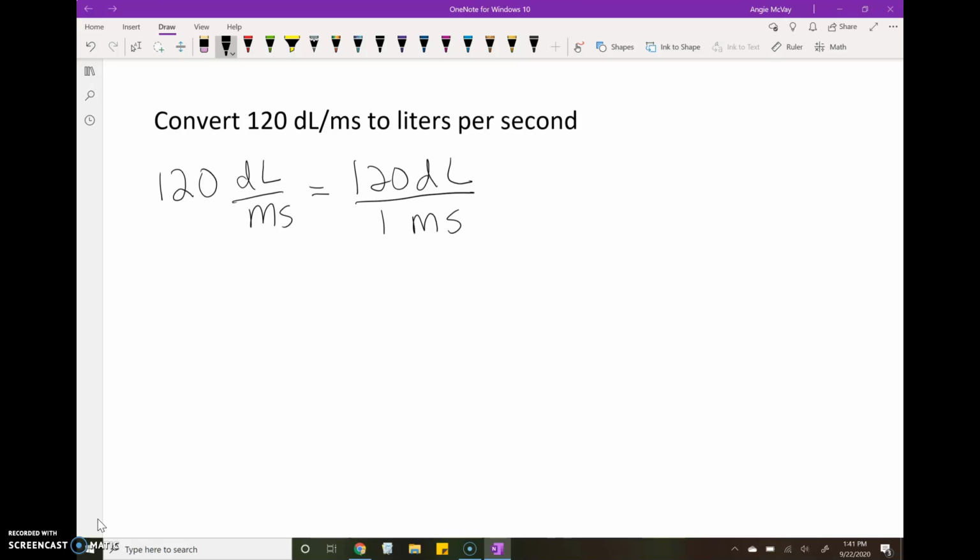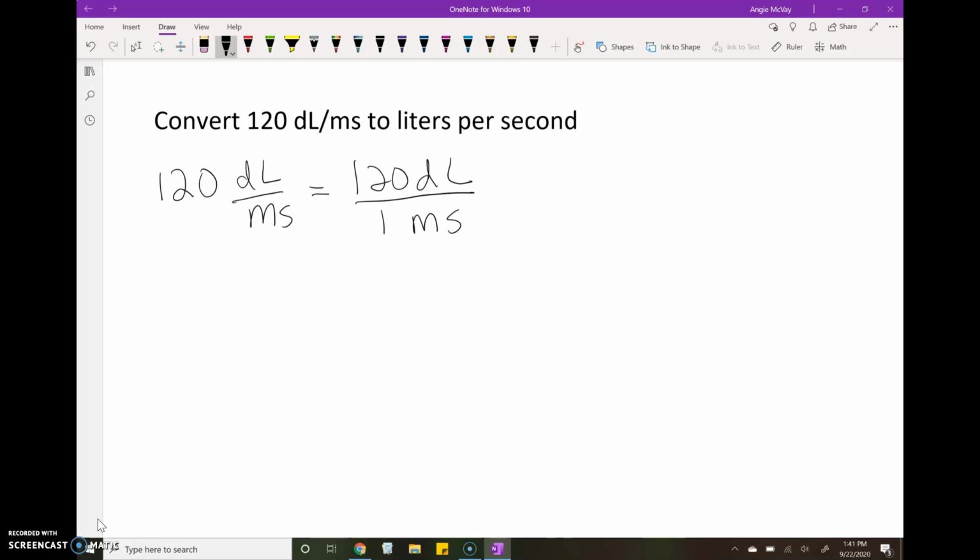We're going to continually multiply our original value by fractions that are equal to 1. So the value might look like it's changing as we convert, but it will still be the same size as the original value. The units are just changing.